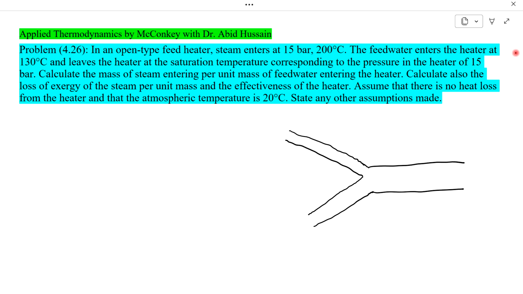This is the heater, this is the feed heater. This is the steam entering the feed heater, the steam entrance. This entrance is for the feed water.